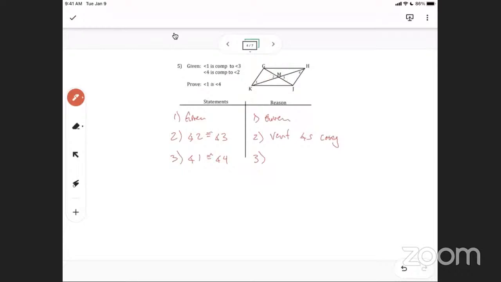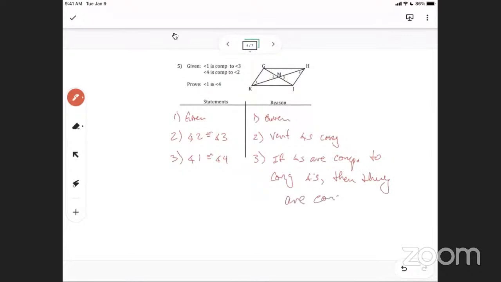See how we come up with that? So read that to me one more time and I'll write it out. If angles are complementary to congruent angles, then they are congruent.